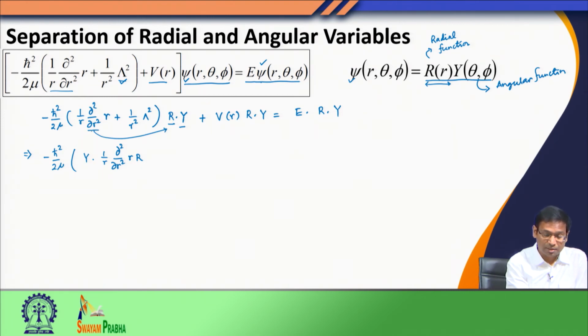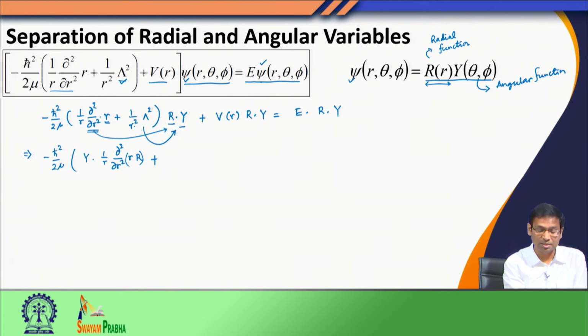Please note here that this is a very special operator. You see this is the second order differentiation d square by d r square, but we have to see that this is already being applied on the function r, and then I have another function which is being multiplied. So, this second derivative is now on both r as well as capital R. Now, I look at the action of the second operator on this function.